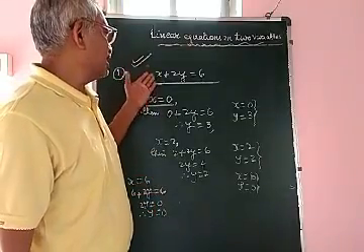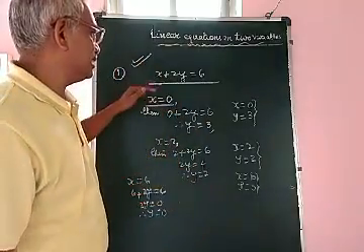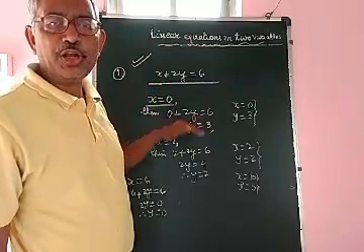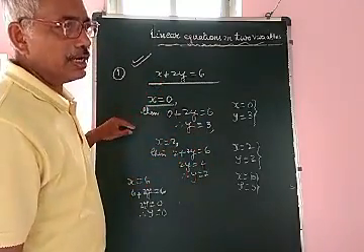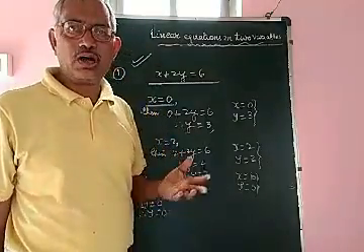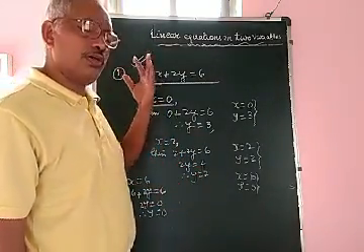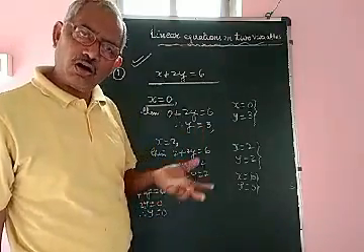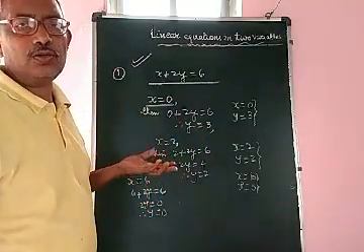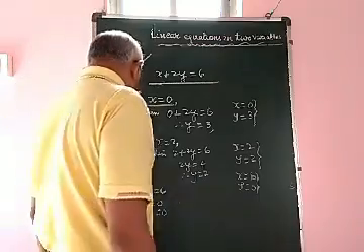And you know that a linear equation in two variables has infinitely many solutions. So we can find one solution, two solutions, three solutions, or more than three solutions by putting values of x or y and finding the corresponding values of y and x, and so on.